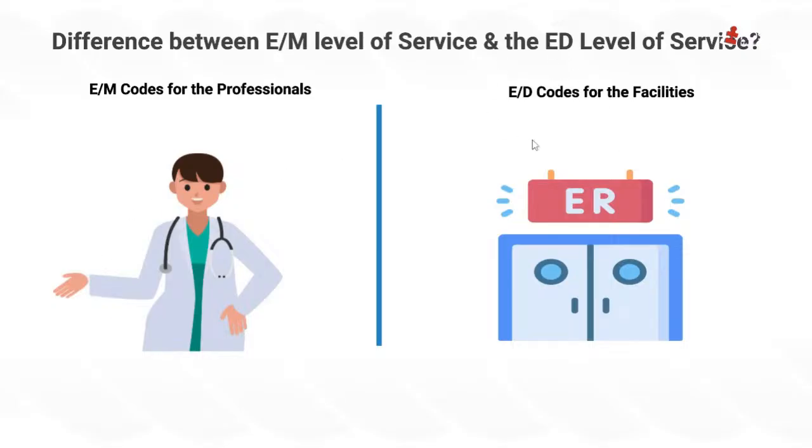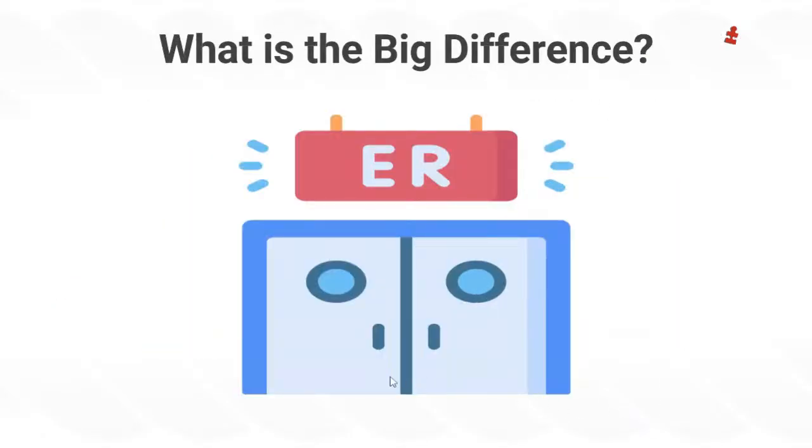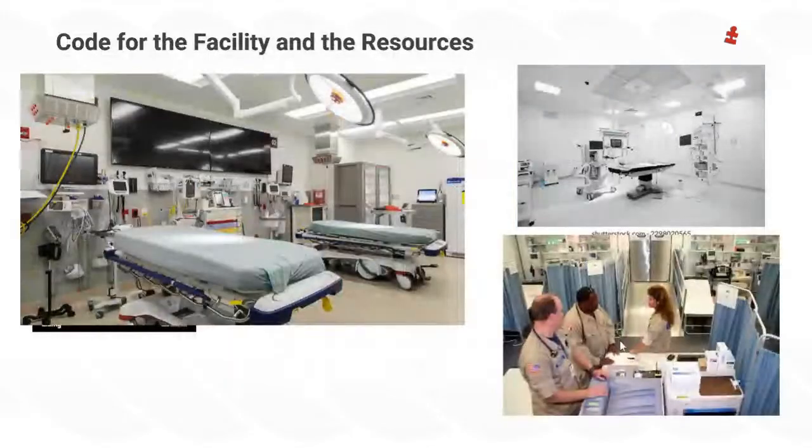However, the ED facility level of service is coding for the facility. It's coding for that ER. What is the big difference? Well, we know the E&M is coding for the provider, but the facility is coding for the resources used within that facility.